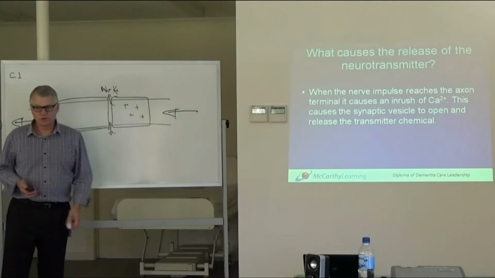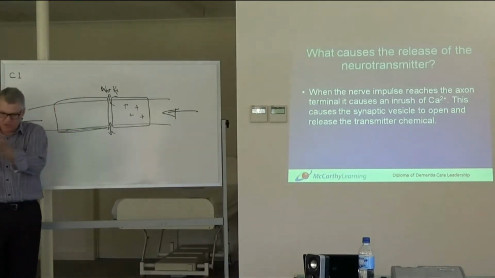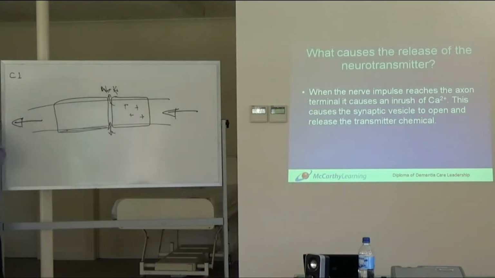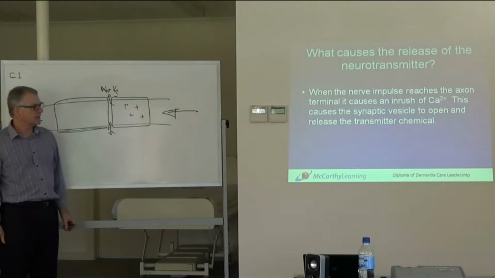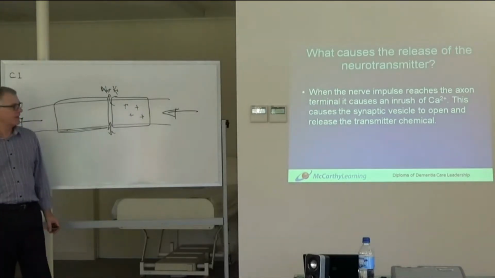Once this impulse has travelled down the length of the axon, what causes the release of the neurotransmitter? These neurotransmitters are in what's called little vesicles, or containers of the chemical. When the nerve impulse reaches the axon terminal, it causes an inrush of calcium.